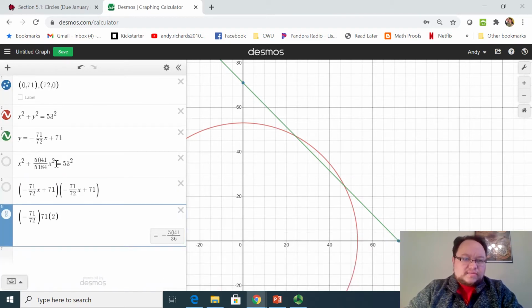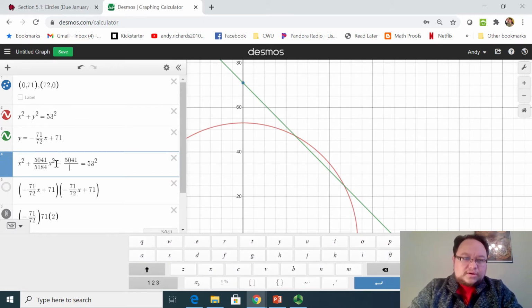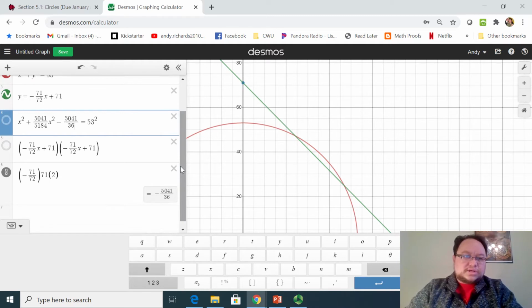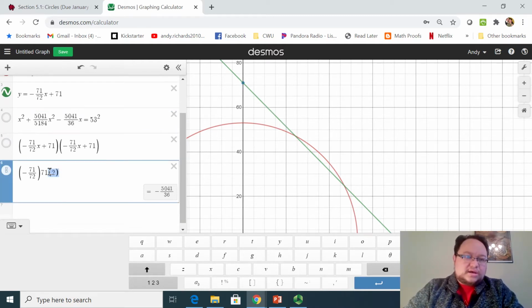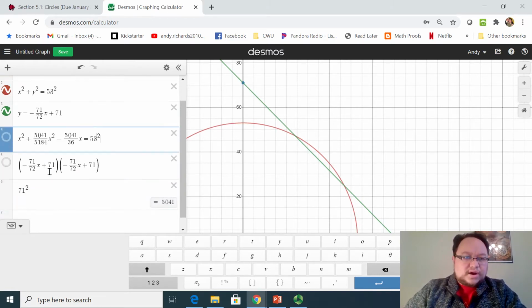And that gives me minus 41 over 36 x's there. And the last thing I need is to figure out my last term, 71 squared. So I'm just going to tag that right on the end here.